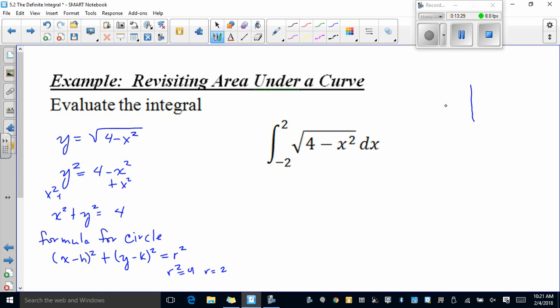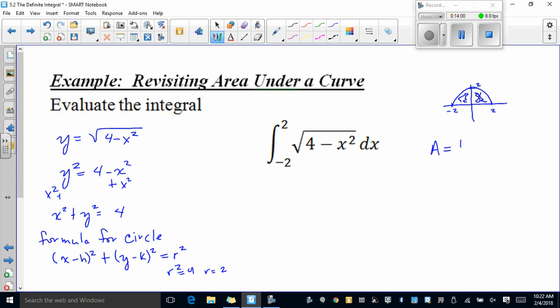So you're looking for the area under the curve of this half circle. And what's the area for a circle? Area equals 1/2 pi r squared. Oh, sorry. Let me tell you why I put the 1/2 in there. I put the 1/2 in there because it's only half a circle.